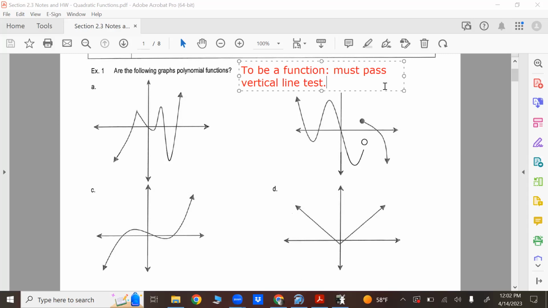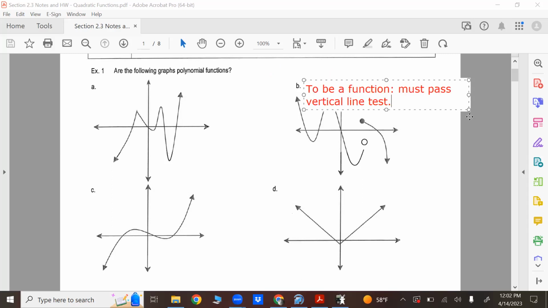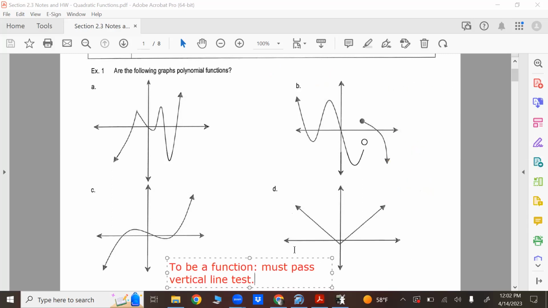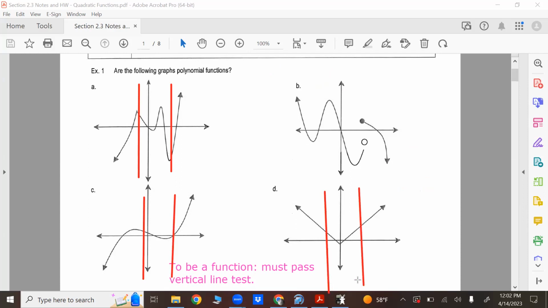I think all these would be. Definitely this one is. If I drew a vertical line, that passes. Okay, not exactly vertical, but that passes, right?